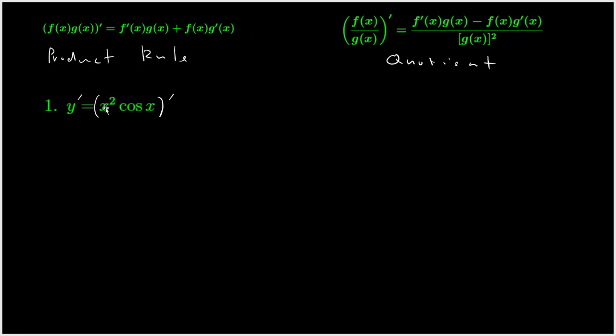You treat x squared as f of x in the formula. You treat cos of x as g of x in the formula. I know these two factors are commutative, but I want to call x squared the first factor and cos of x the second factor.